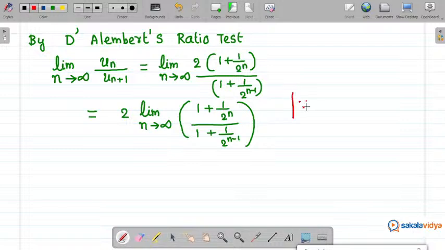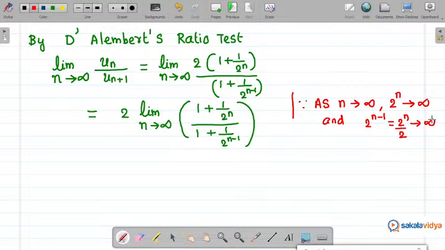See, as n tends to infinity, this 2 to the power of n also tends to infinity, and even 2 to the power of n minus 1, that is 2 to the power of n by 2, means infinity by 2, it's also infinity itself only.